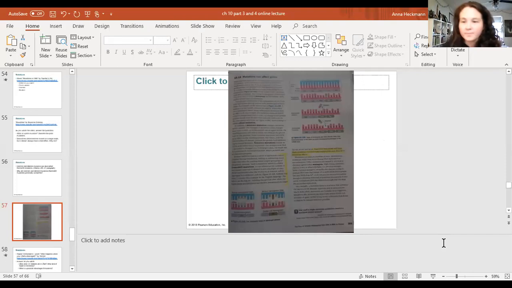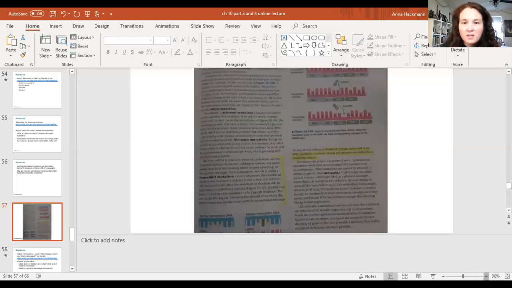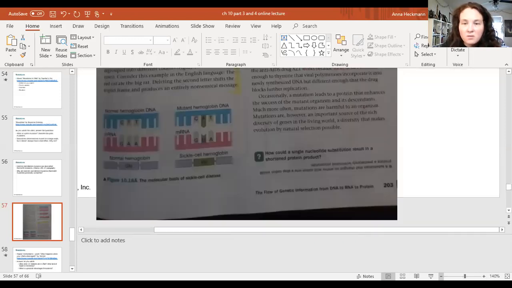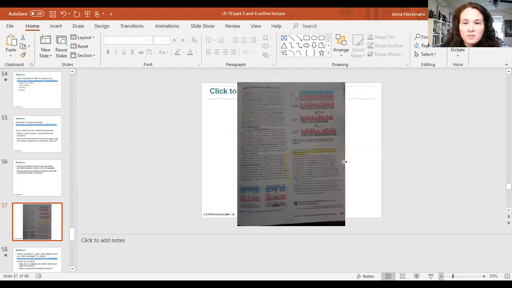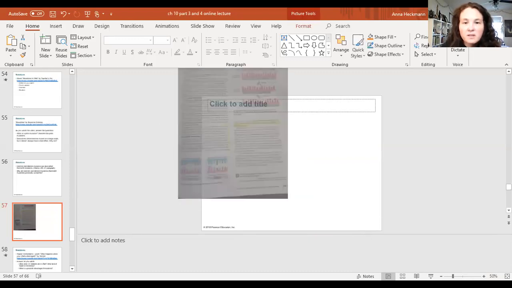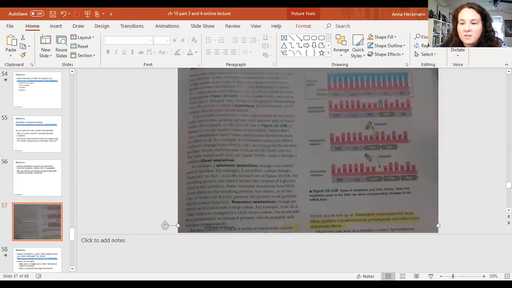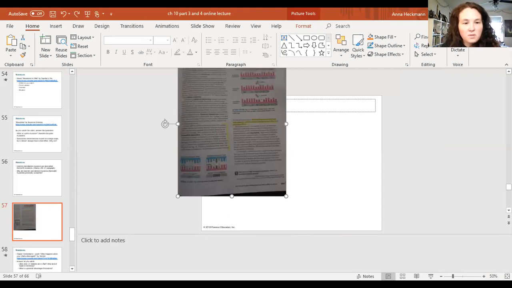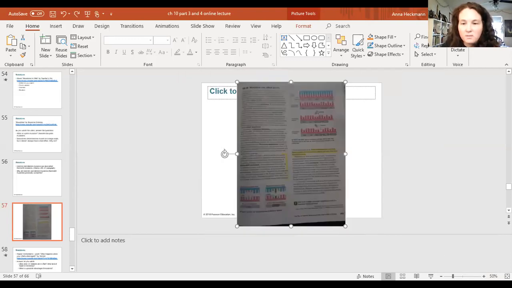Over here on the bottom right, you can either zoom in, or you could just take it and expand it like this. Personally, I find it easier to zoom in, but it is, of course, up to you how you want to do it.